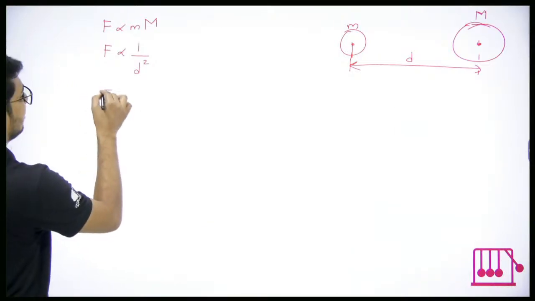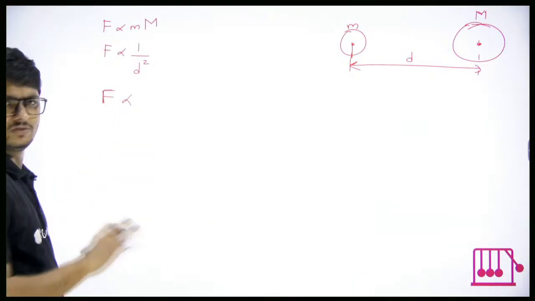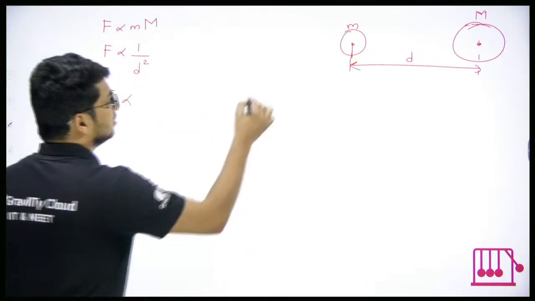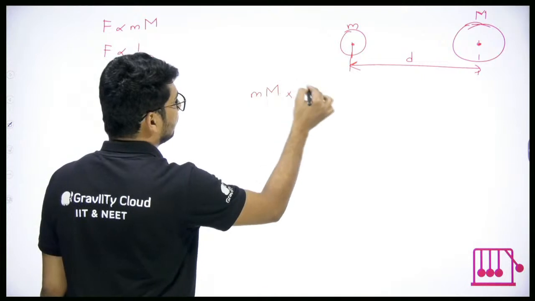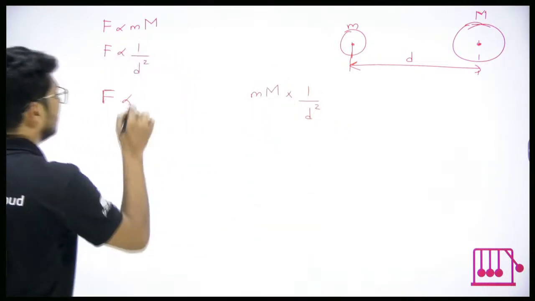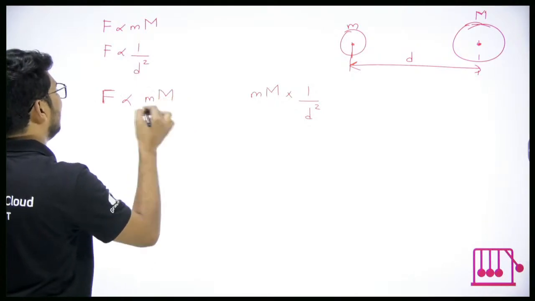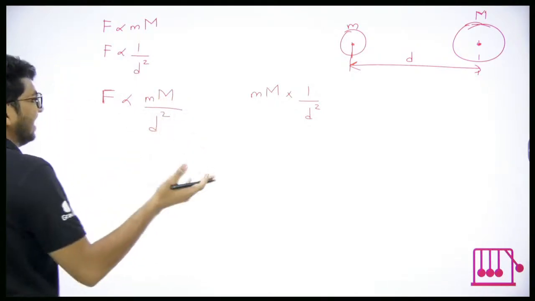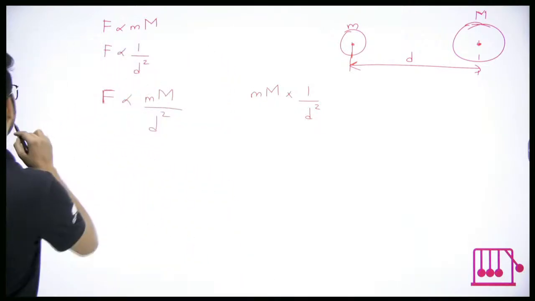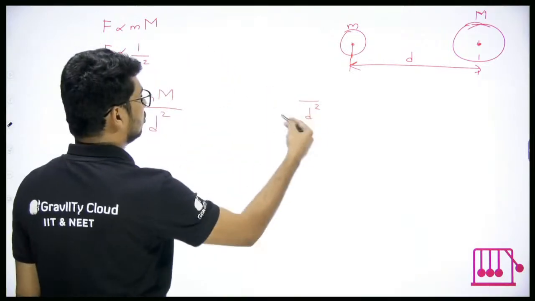If F is proportional to, you write it down and multiply these two. That's it. Multiply them directly. So when you multiply them, what will remain? M into m, so Mm by d square. You just combine them and write it down. That's it. Now, you have combined all the factors into one.